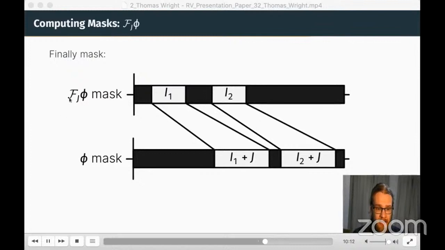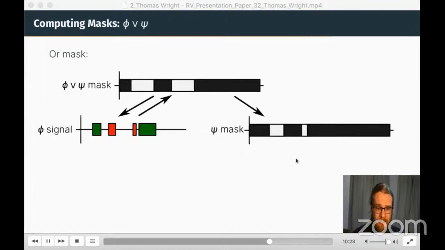So if we're given, for example, a mask for a complex property F phi, we can then push this mask down through the property to get a mask for phi using an appropriate forward time shift.